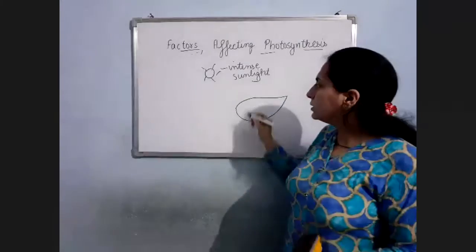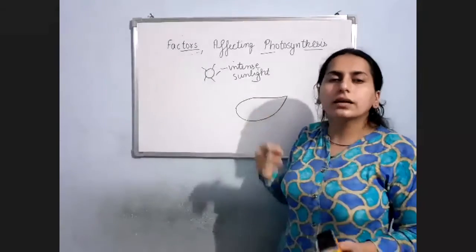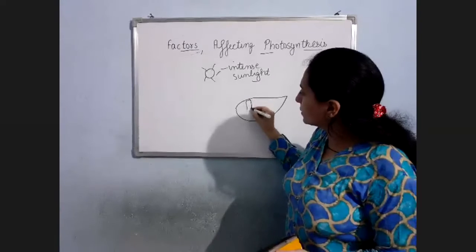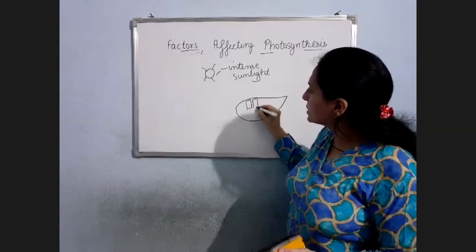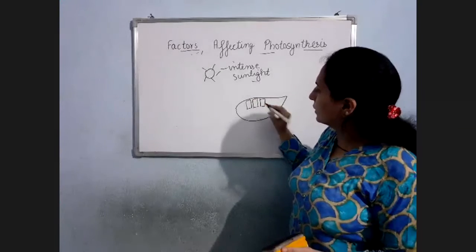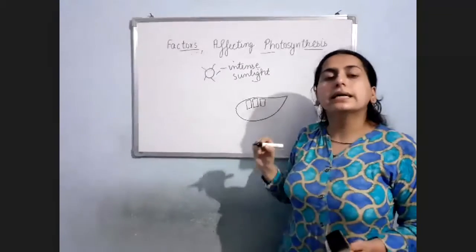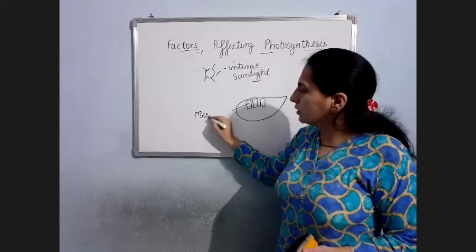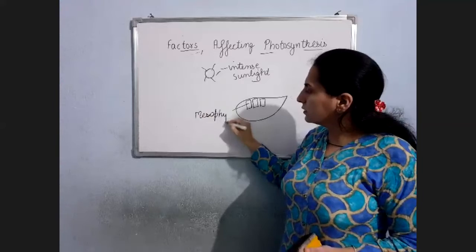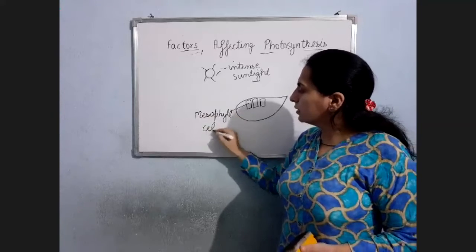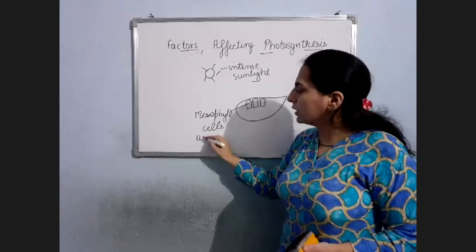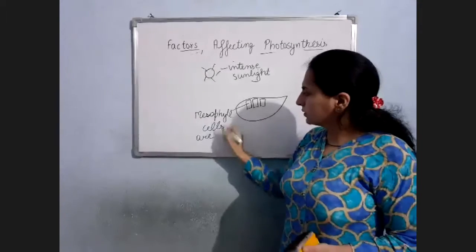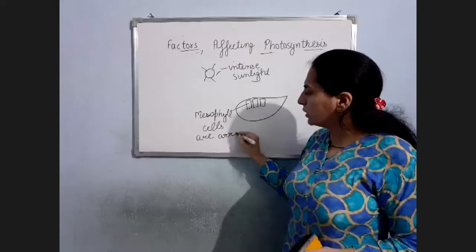So now the mesophyll cells, they will arrange themselves perpendicularly like this. Am I clear? So in the intense sunlight, mesophyll cells, how are they arranged? They are arranged perpendicularly to the wall of the cells.